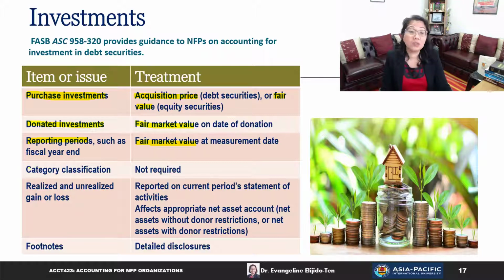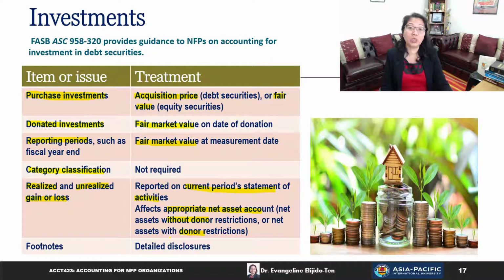There's no need to categorize the classification, but in terms of realized and unrealized gains or losses, it must be reported on the current period statement of activities. It will obviously affect the appropriate net asset accounts, that is the net assets without donor restrictions or the net assets with donor restrictions.